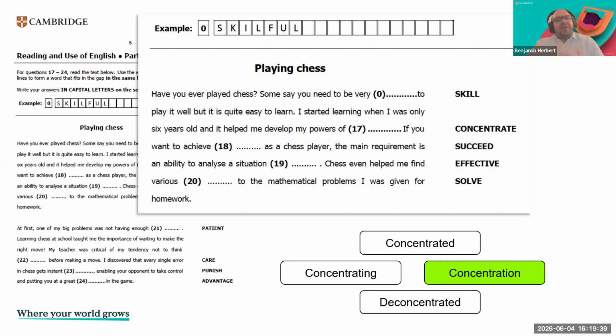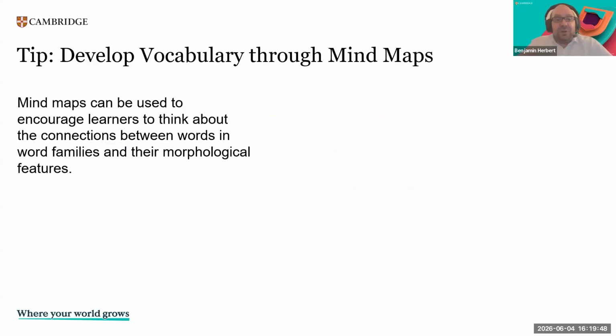Something else we can do with that idea of developing our learners' vocabulary and knowledge of morphology over time is to develop their vocabulary through mind maps as you go through the academic year. Now, very often we might use mind maps to help our learners record vocabulary in terms of semantics.